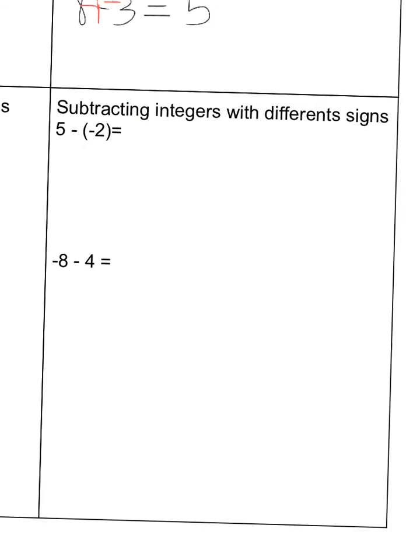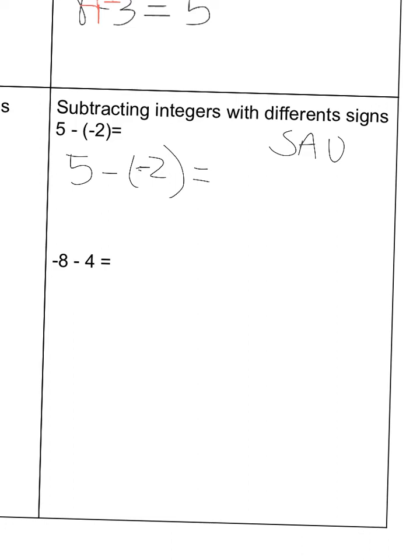Okay, here we go. Last set of problems. We have some more subtractions, so we have to remember SAO: subtract, add, opposite. So we have 5 minus negative 2. In order to subtract, I add the opposite.